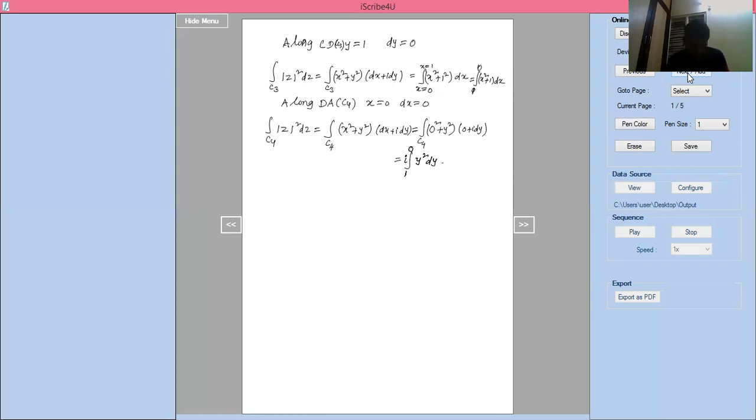the integration of C of modulus of z square into dz equal to C1 plus C2 plus C3 plus C4.